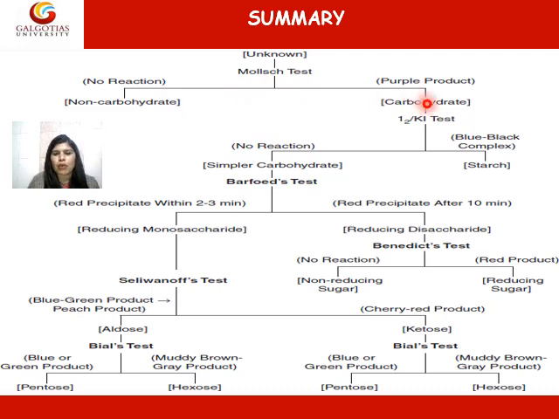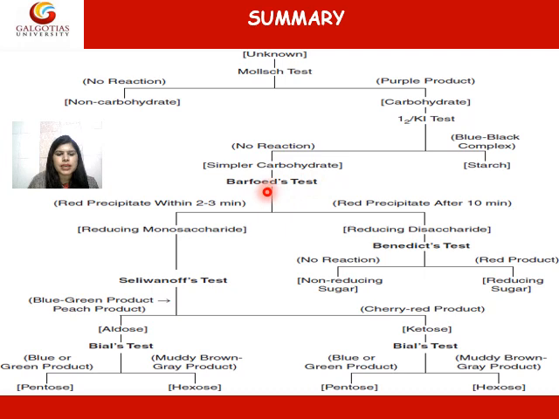If carbohydrate is confirmed, then this sample is reacted with iodine. If there is a blue-black complex, then polysaccharide starch is present. If there is no reaction, then there are the simpler carbohydrates. Then this sample is further reacted with the Barfoed test.